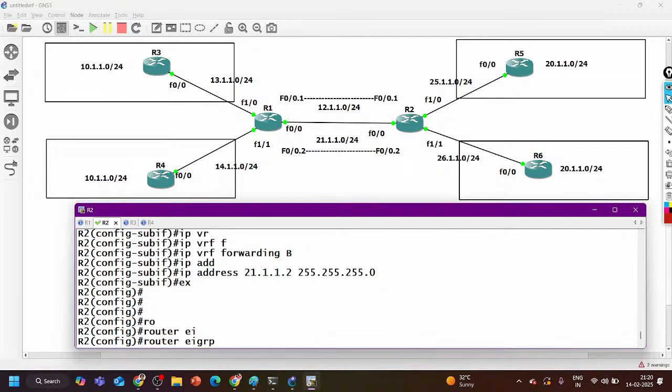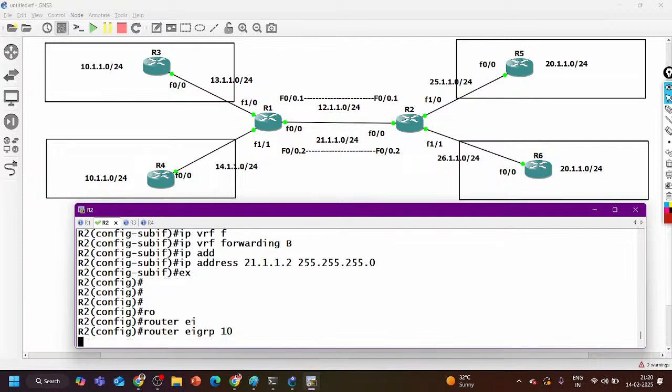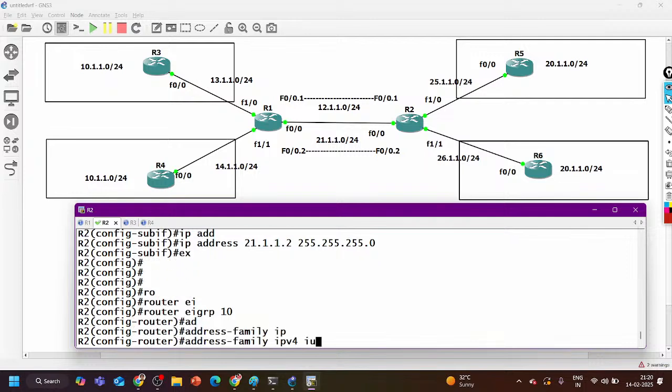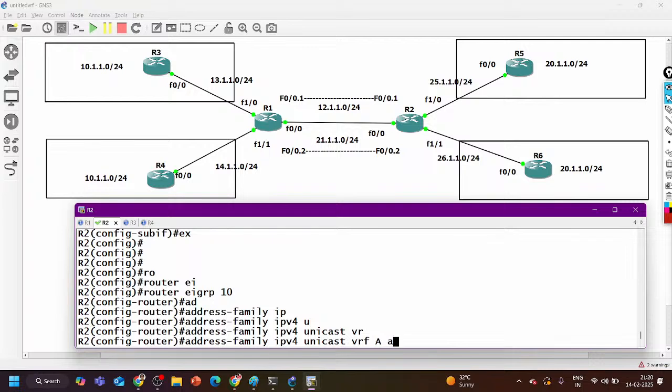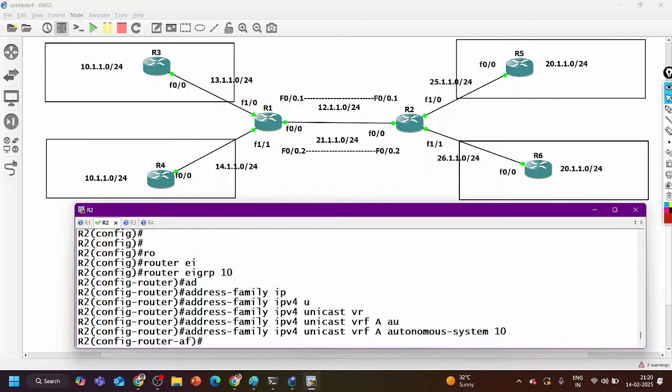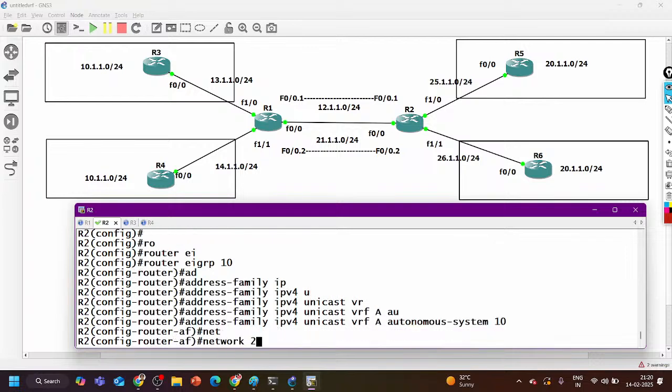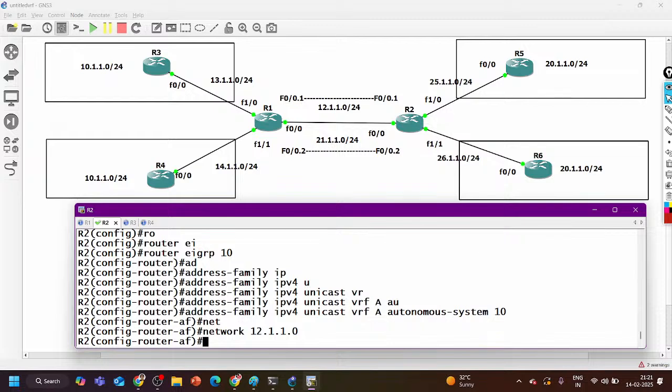Router EIGRP number 10. This is the EIGRP autonomous system number, it does not matter. Address family IPv4 unicast for VRF A and autonomous system number 10, and network 12.1.1.0.